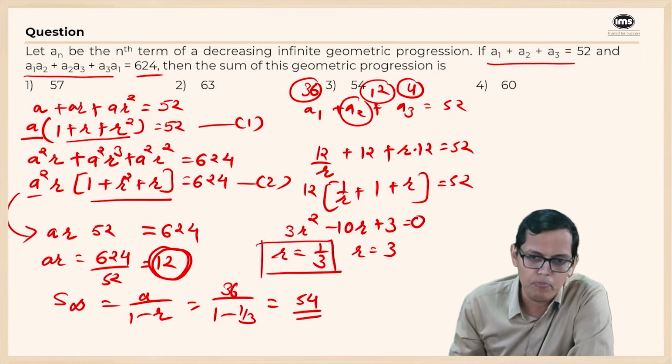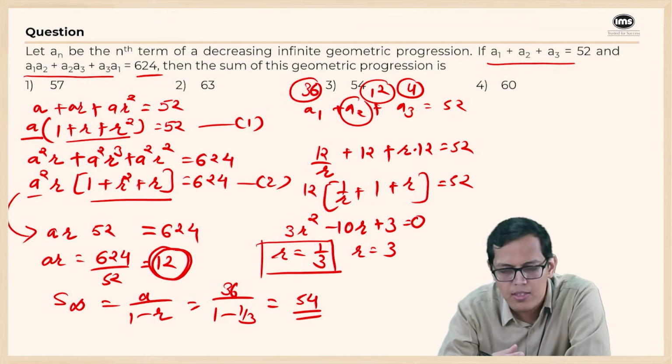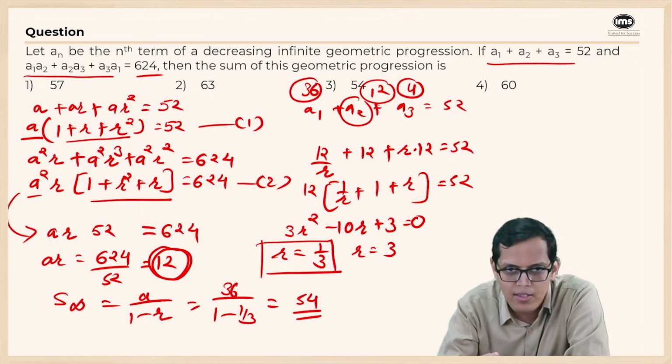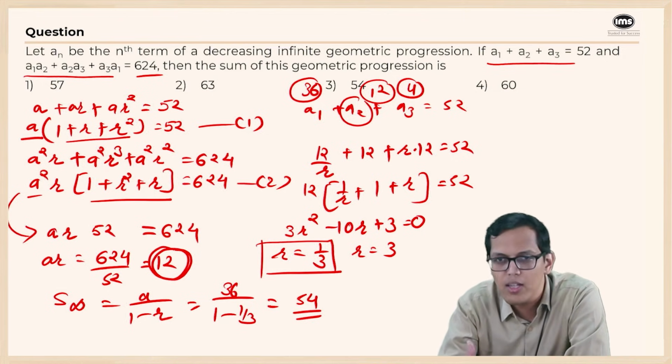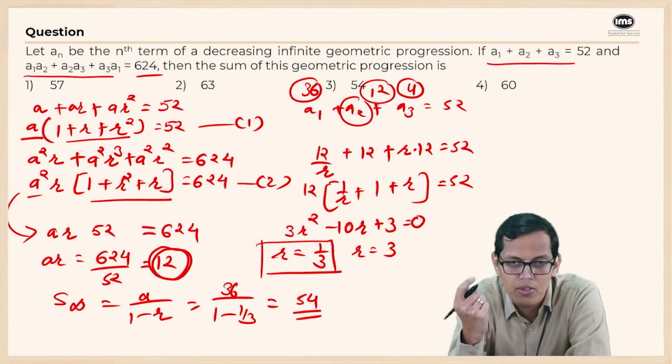So if the middle term is 12, the first term should probably be twice, thrice, 4 times, a natural number times of 12 only. So if you just do hit and trial, into 2 will fail, but into 3 will succeed. And how would you know you have succeeded? When you do into 3, you also get 36 and 4 on the other side. So 36, 12, 4, the summation is 52, that's your confirmation.